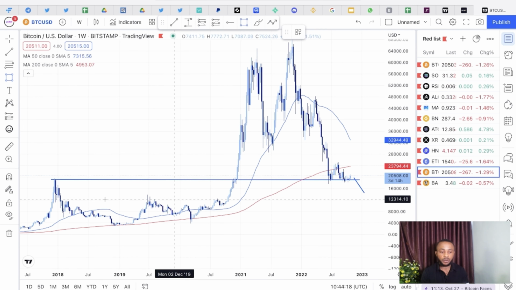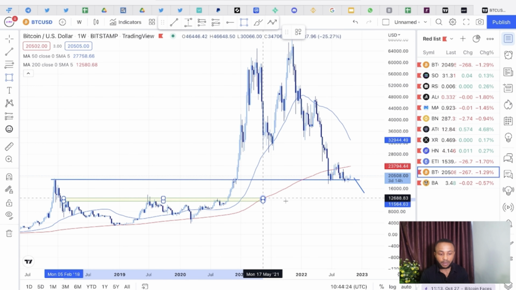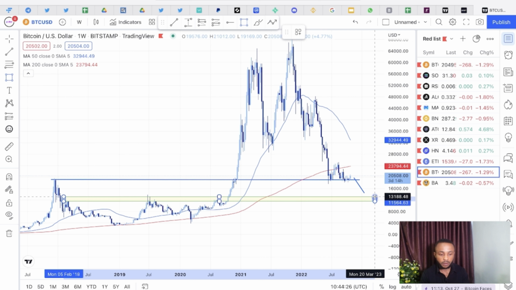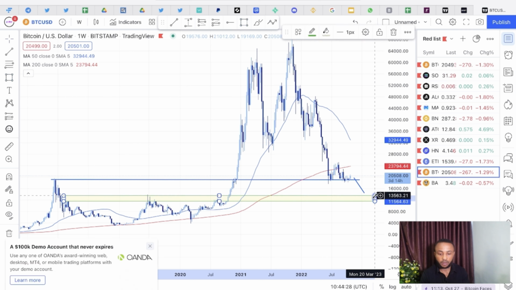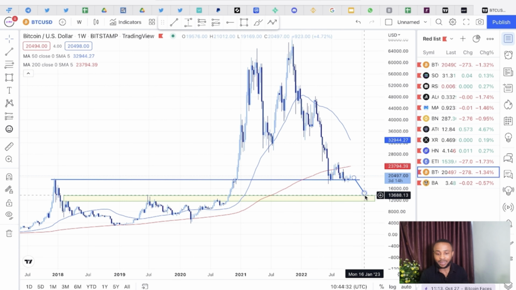So this is our next support area, and we'll mark it out here, at around the 14 to 12,000 zone. If BTC price breaks below 19,000, we'll be looking to come down to somewhere around 14,000 to 12,000.